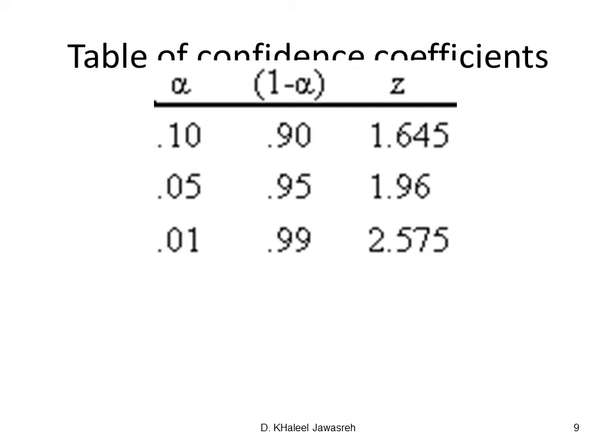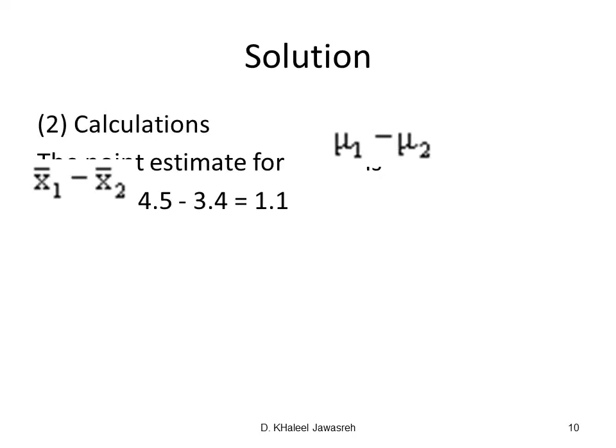If we are dealing with 0.9, we will use the reliability estimator in the equation, Z 1 minus alpha over 2, which is 1.645, if we are dealing with 90%. If we are dealing with 95%, it is 1.96. It's a fixed number. You can use it in all equations using the Z table. And if we are dealing with 99%, we will use 2.575 as the Z value.